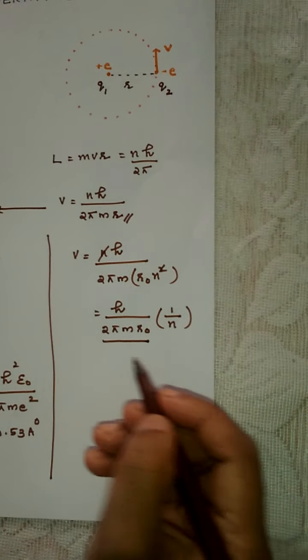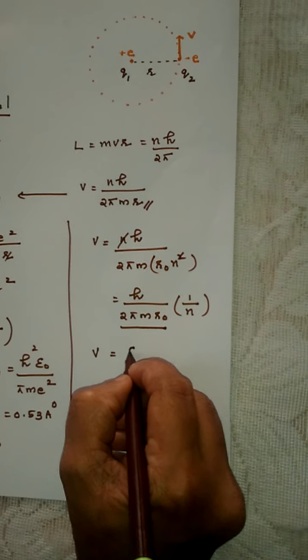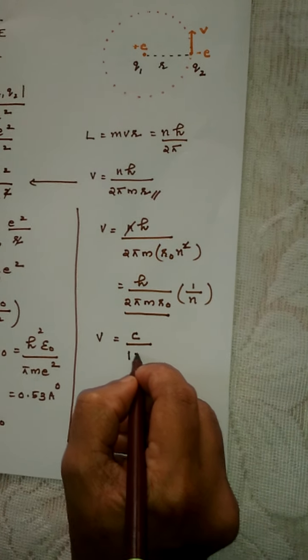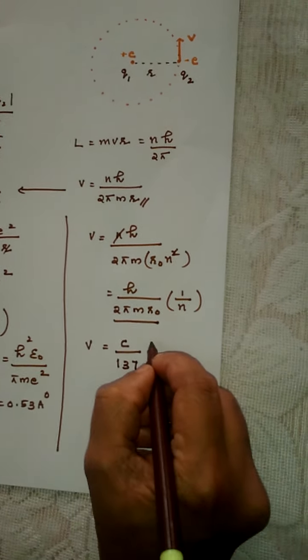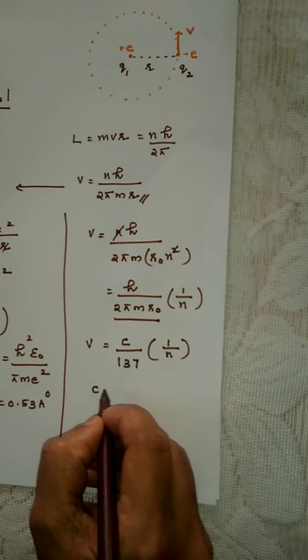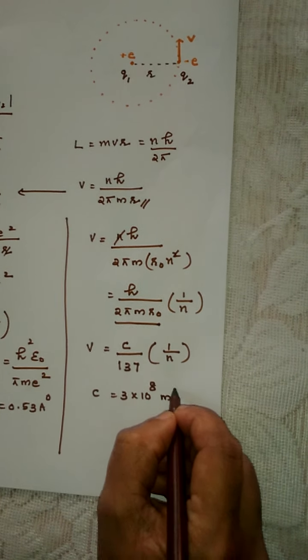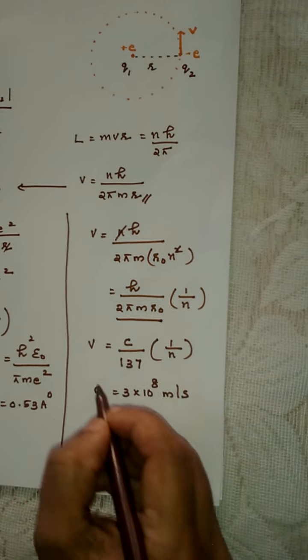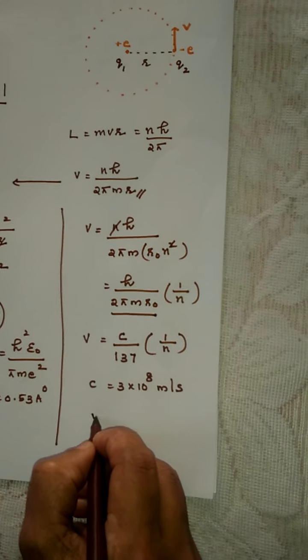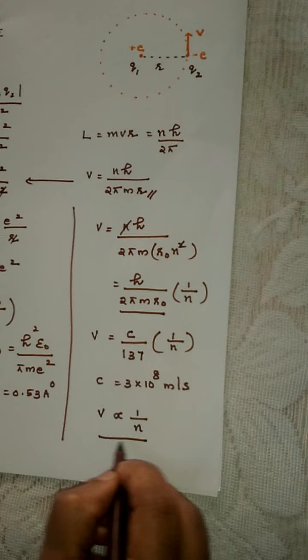This is a constant, and that constant is c by 137 into 1 by n, where c is the speed of light and c is equal to 3 into 10 raised to 8 meter per second. Or we can say v is proportional to 1 by n.